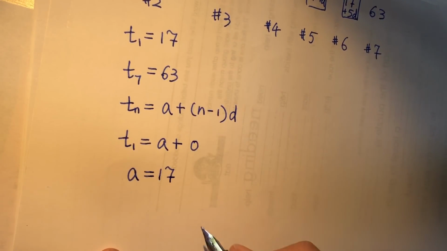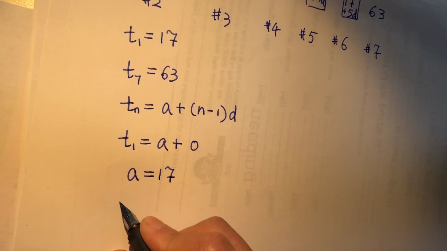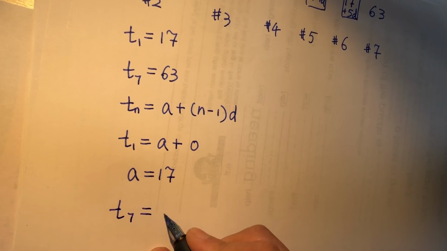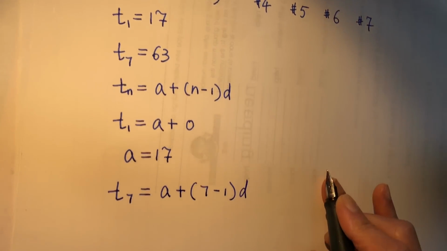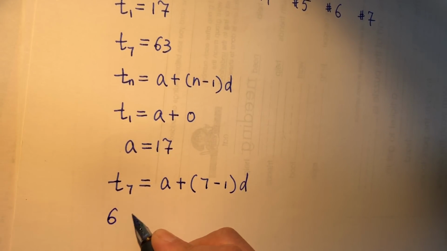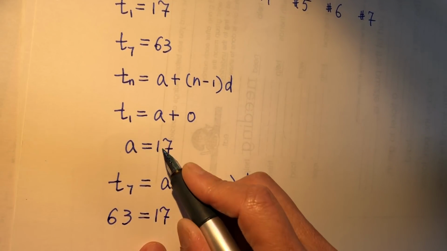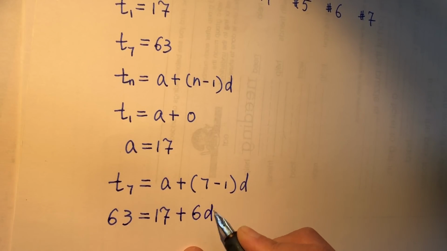Now we can put in this formula. T7 is A plus 7 minus 1 times D. The 7th term is 63, equal to 17 plus 6D. 7 minus 1 is 6.